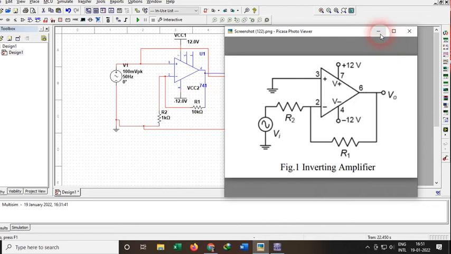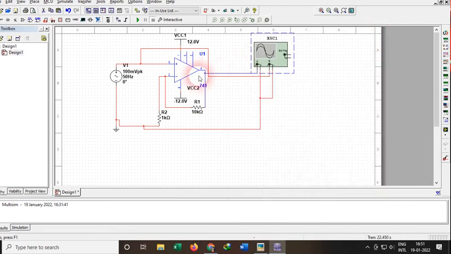So I'm going to minimize this and convert this circuit now. For that, I'm going to delete some part of the circuit here. Just see what I'm doing.